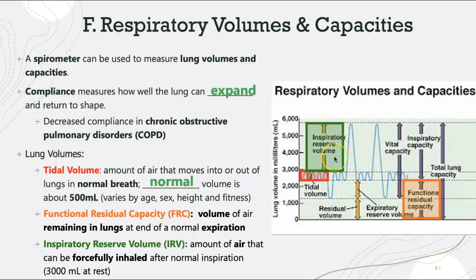This is the amount of air that we can forcefully inhale after normal inspiration. So you breathe in as you're quietly sitting here, and then you forcefully inhale as much air as possible. And this should be approximately 300 milliliters at rest, but it can range anywhere from 2100 to 3200 milliliters.